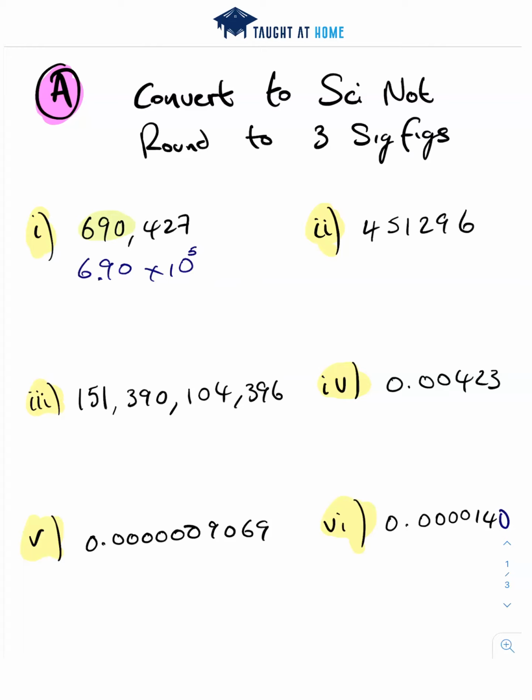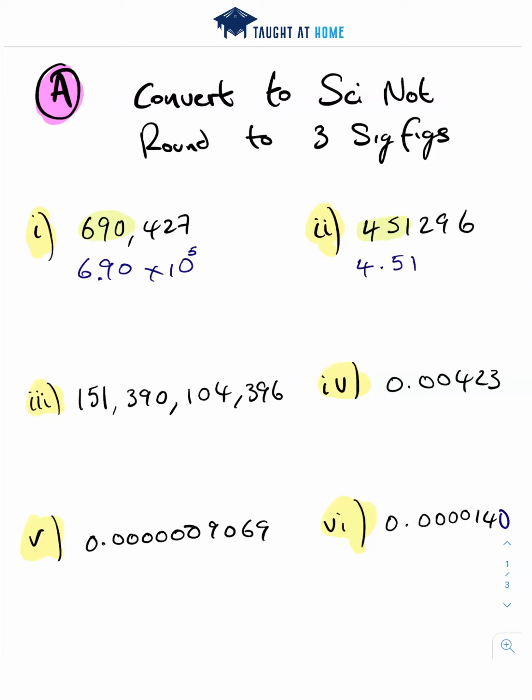Okay, so question 2, we've got 451296. And we are going to look again at the 3 significant figures there, and we're going to look at the fourth one. The 2 doesn't round the 1 up, so we'll leave it as it is, and it's going to be 4.51.